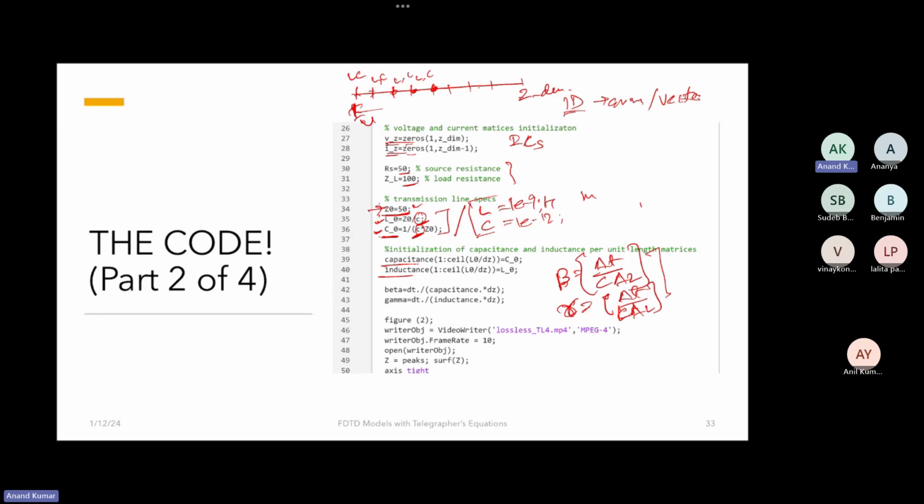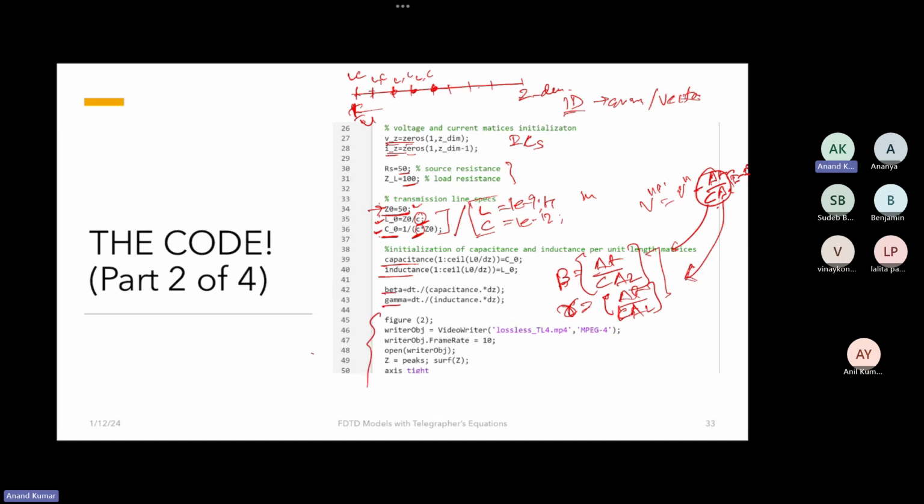So we had V at n plus 1 in terms of V minus delta t by C delta z times the current difference. So we had some coefficients, right? What I have done is evaluate them before running the code so that the code becomes faster. So we are evaluating beta and gamma.